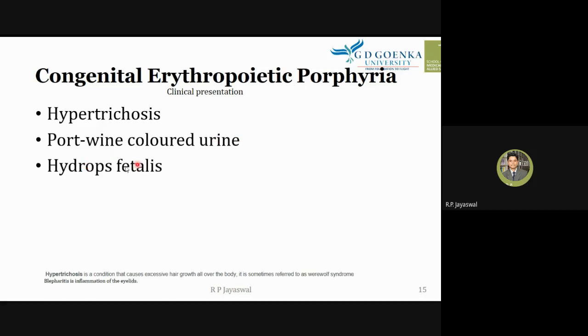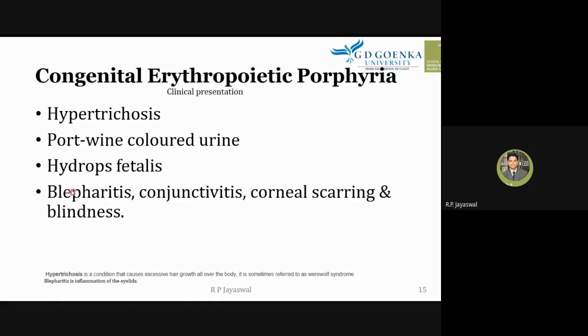This is one of the abnormalities which occurs to the fetus developing in the womb of the mother. So hydrops fetalis is where the fetus becomes enlarged, having a lot of water inside the body. This may be because of immune reactions or because of this congenital erythropoietic porphyria, right?